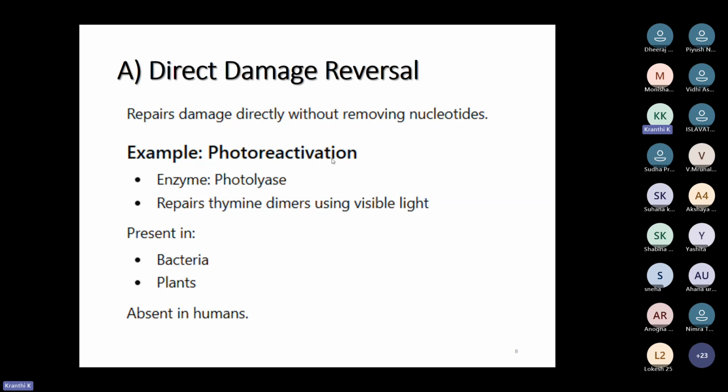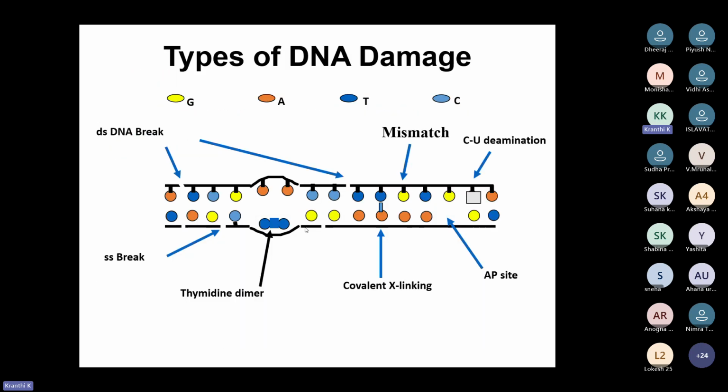One example is photoreactivation. Usually this photoreactivation is absent in human beings. So what is happening? For example, when you're talking about thymine dimers, if these organisms are exposed to sunlight, then automatically the sunlight will remove the bond between these two dimers, right?